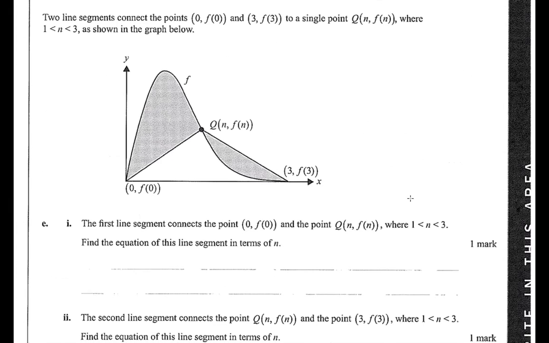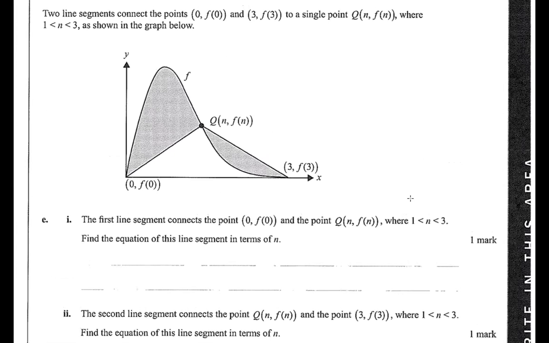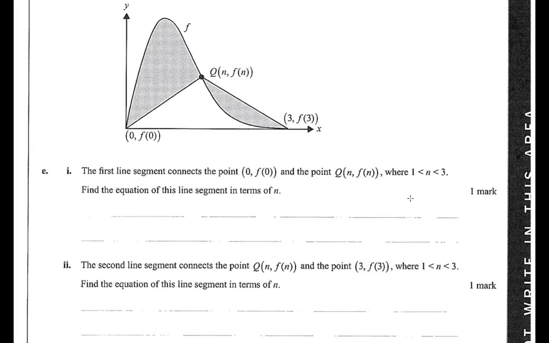Two line segments connect the point (0, f(0)) and (3, f(3)) to a single point Q, (n, f(n)), where n is greater than 1 and smaller than 3, as shown in the graph below. The first line segment: find the equation of the line segment in terms of n.